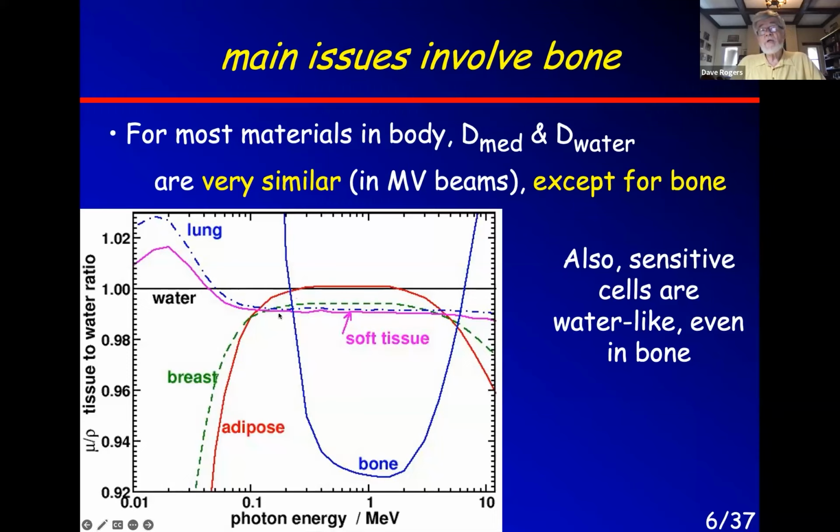So in the region that's of interest in external beam radiotherapy, you see that this is mostly very close to 1, within 1%. So it's not a critical issue, except for bone. And here you see that for bone, we're getting up to a 7 or 8% kind of effect. So this is the one comment about that.